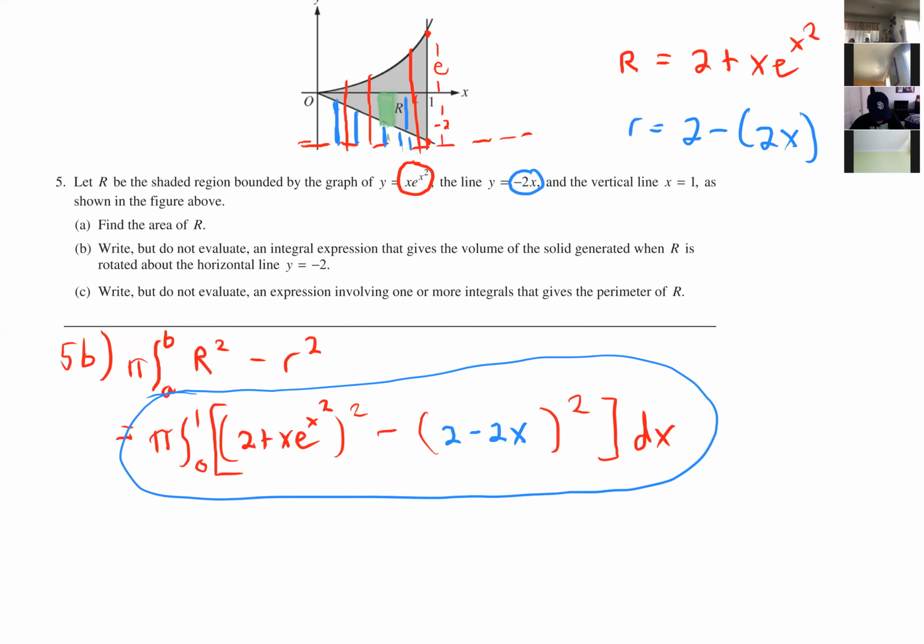The hardest part of volume problems like this one is you have to find an expression that represents every big radius. You have to find an expression that represents every small radius. So if you notice, going from 0 to 1, it's not always the same. Sometimes the radius is bigger, sometimes it's smaller. That's why you have to write it in terms of x, because it's changing as you go from left to right.